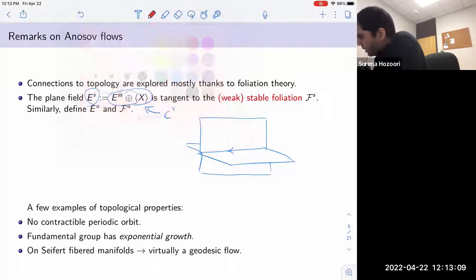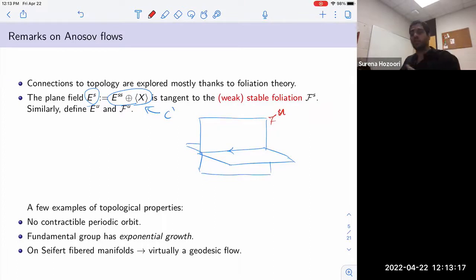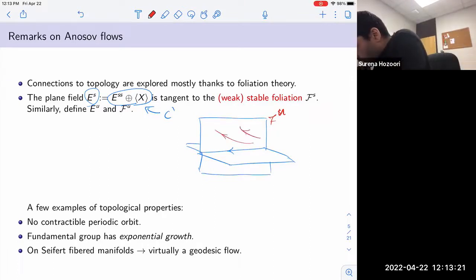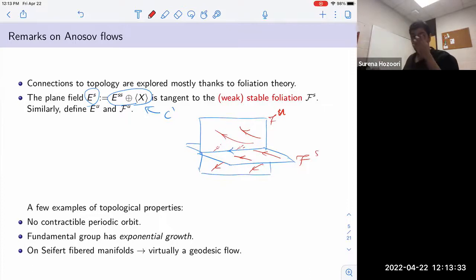Let's say this is the unstable foliation. On this unstable foliation, you have an expanding behavior around that orbit, so the flow lines are running away. And on the stable foliation, the flow lines are being sucked into the original trajectory. So this is how the neighborhood of a flow line looks.